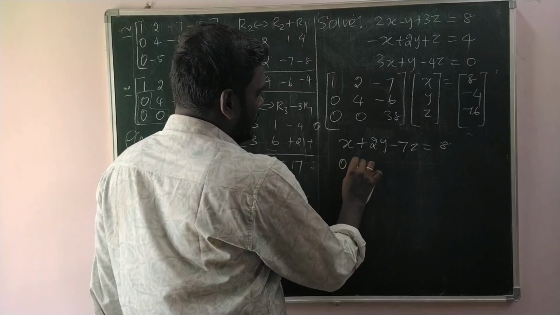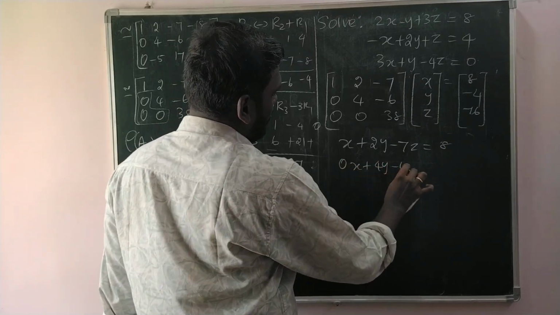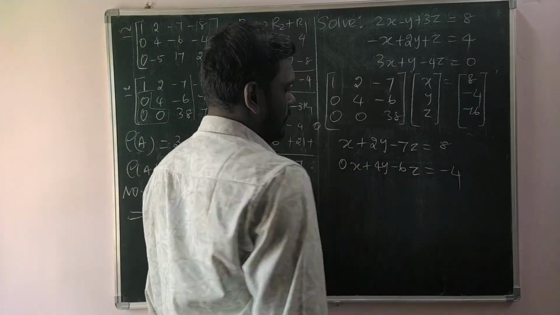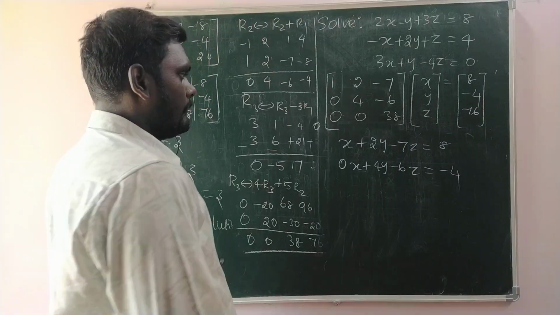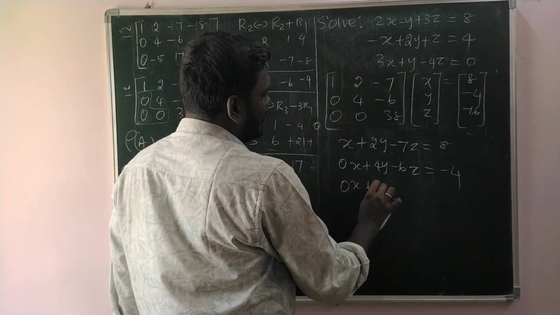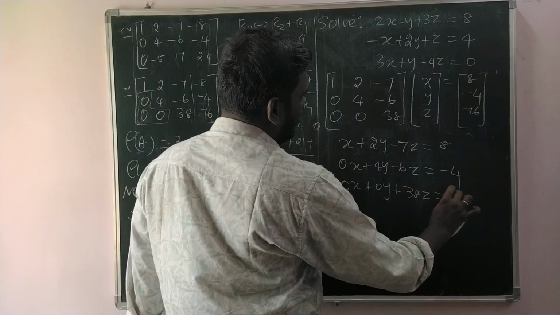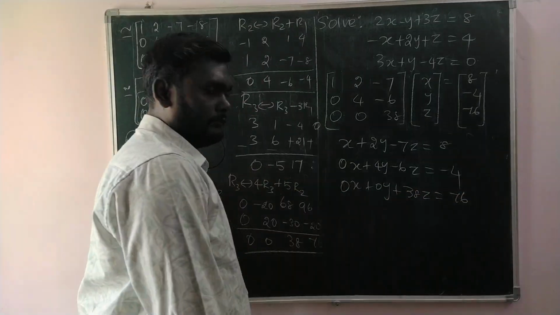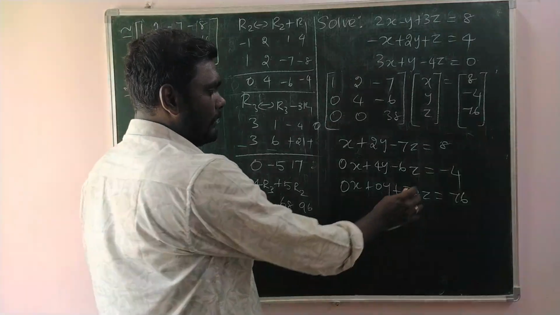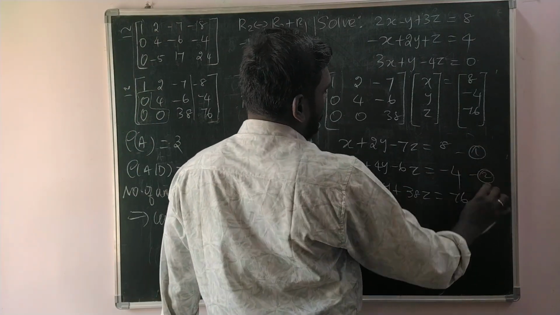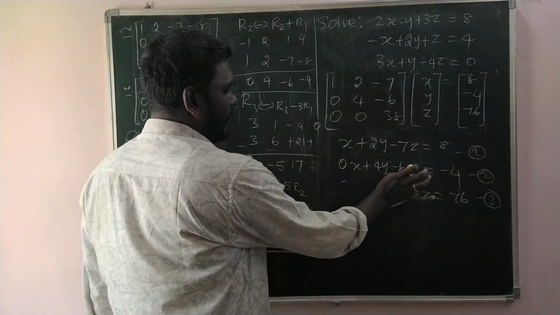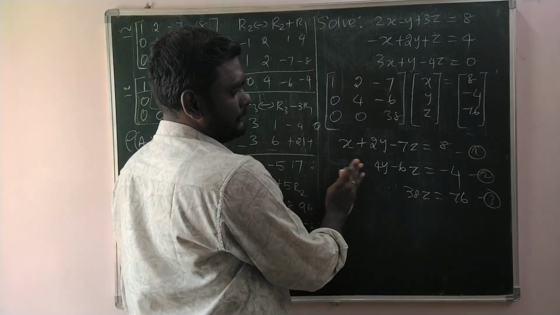Second equation, 0x plus 4y minus 6z is equal to minus 4. You get what I am saying? Third equation, 0x plus 0y plus 38z is equal to 76. Okay, the 0x and 0y terms have no significance. This will be like this.